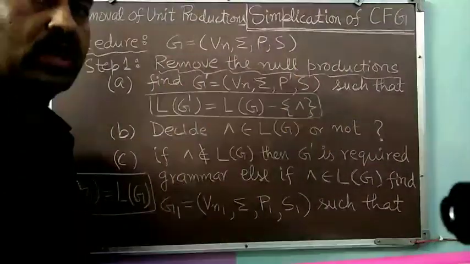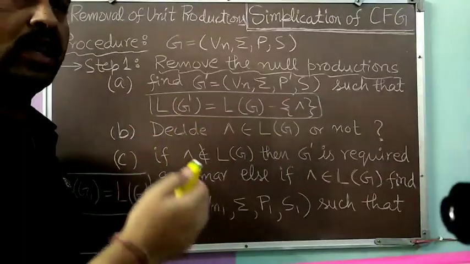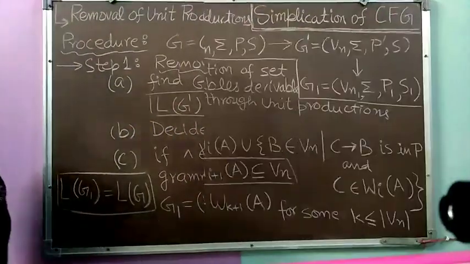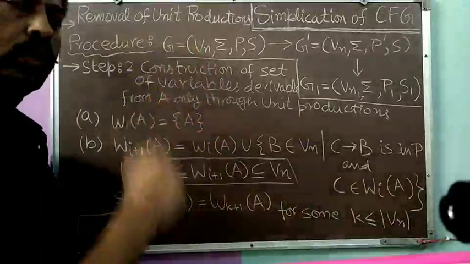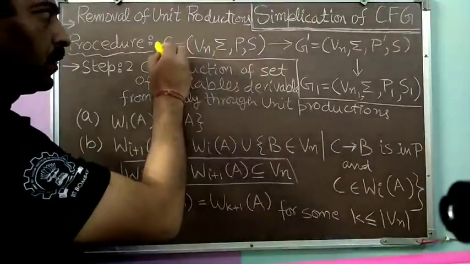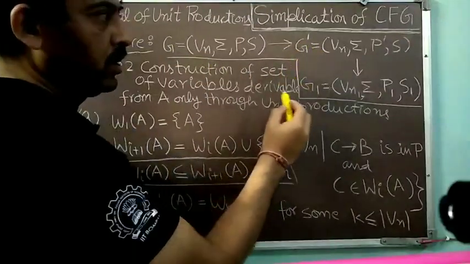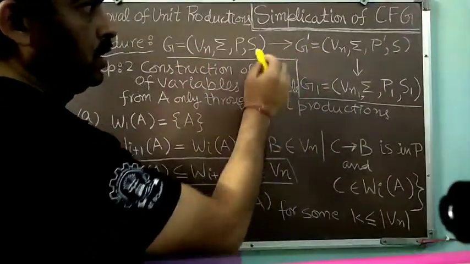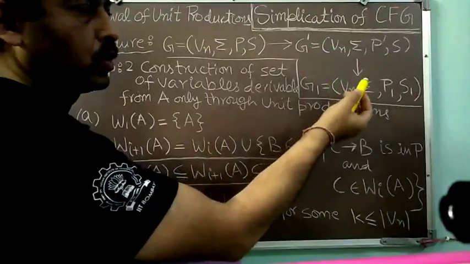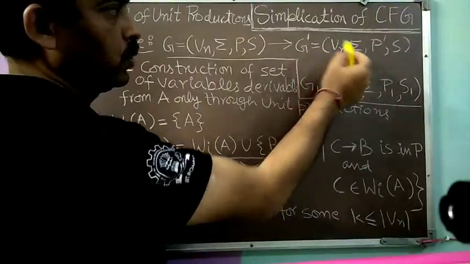Now we will move to step 2, in which we will remove the unit productions. Through step 1, we have converted our original grammar G into G dash or G1. If null does not belong to L of G, then we convert it to G dash.